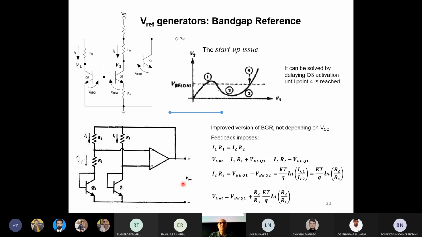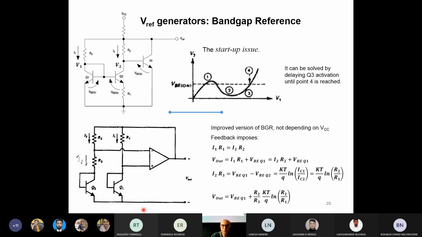Now it's interesting, actually this is the more modern version of the circuit. We can imagine that we have an op-amp with a very high gain, like all op-amps. And the output voltage, Vout, is this. Obviously, everything is referred to the ground.